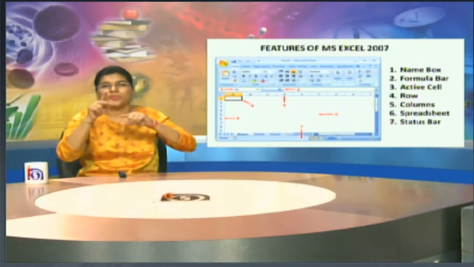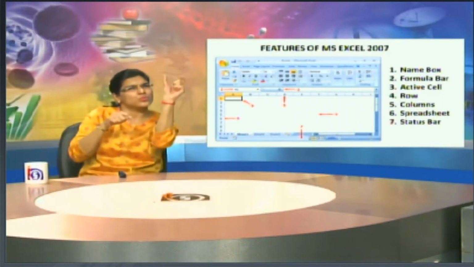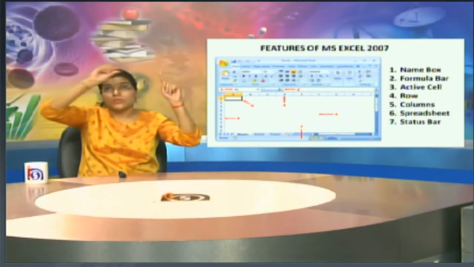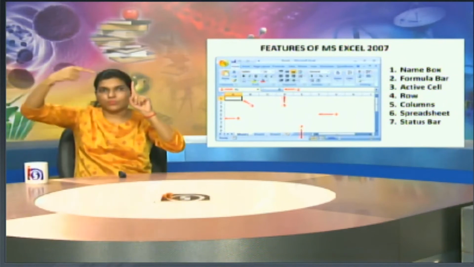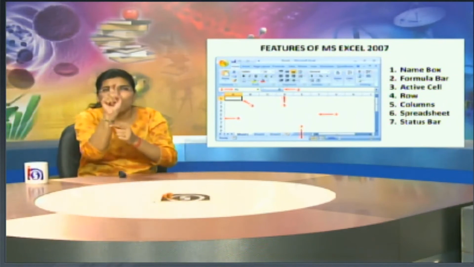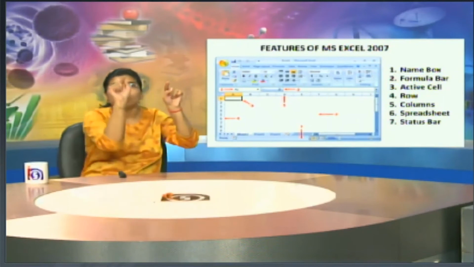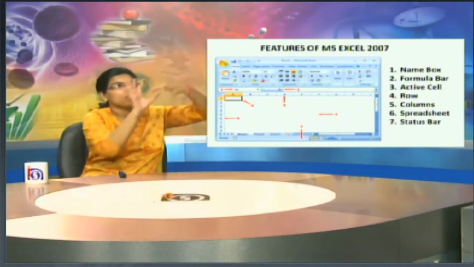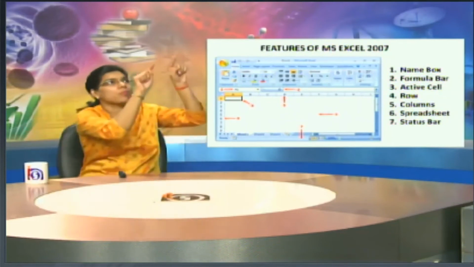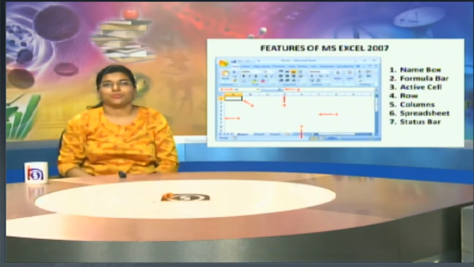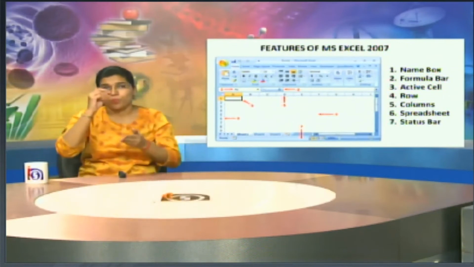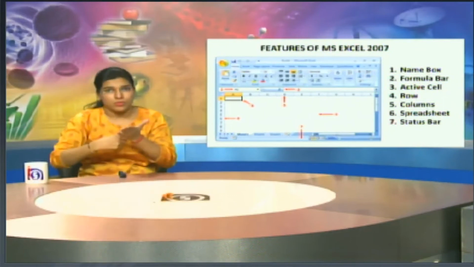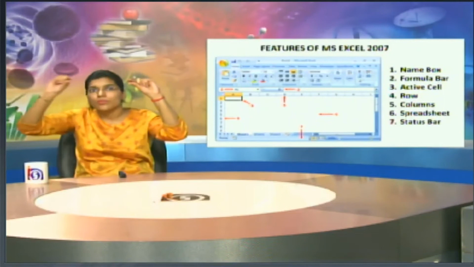First, I will show you the word written in number 1. That number 1 shows us some numbers written there in black color. The number 2 is the formula bar that is linked with the small cells. The third one is the active cell.